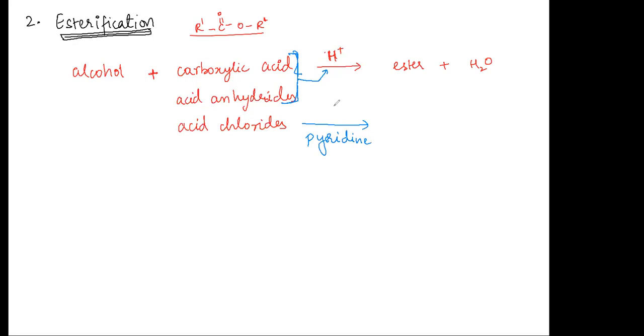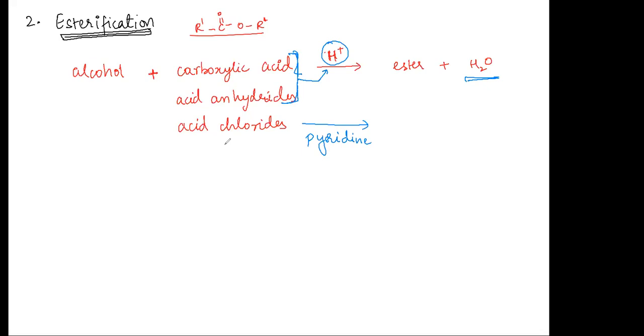The main reason why the catalyst is required: in the case of carboxylic acid especially, the H plus helps in taking the water away so that the reverse reaction does not happen.